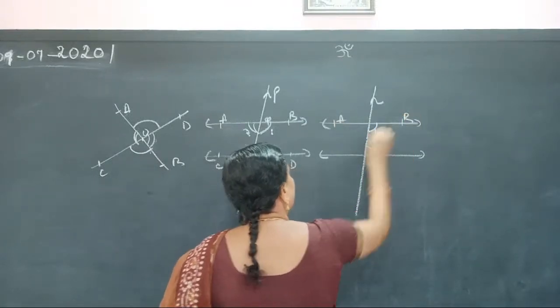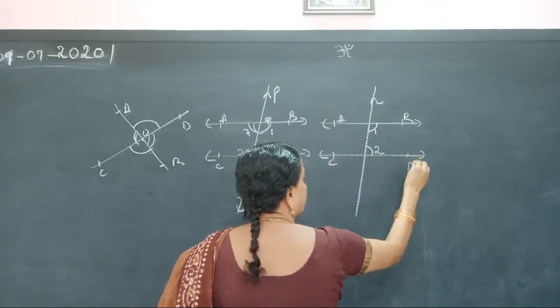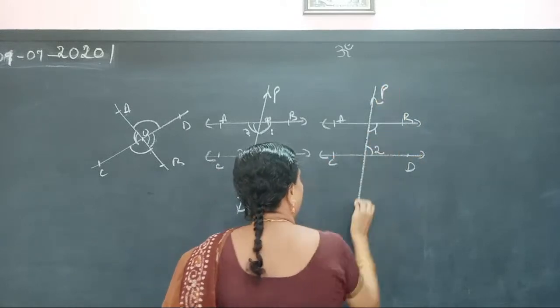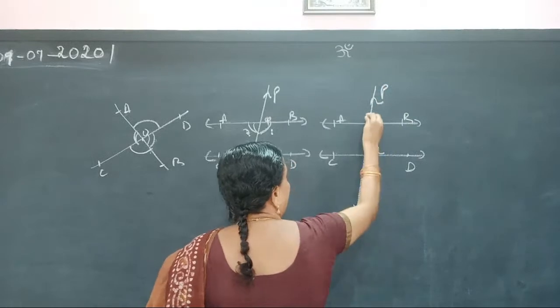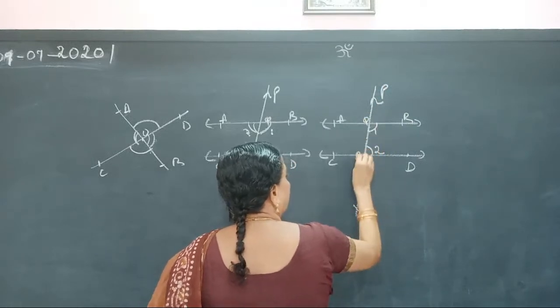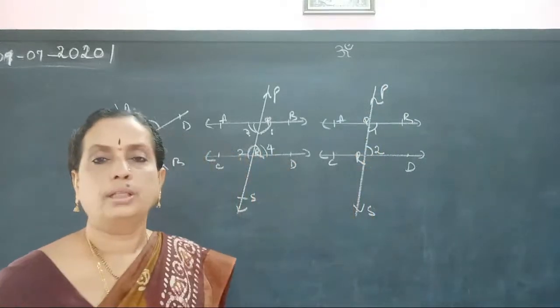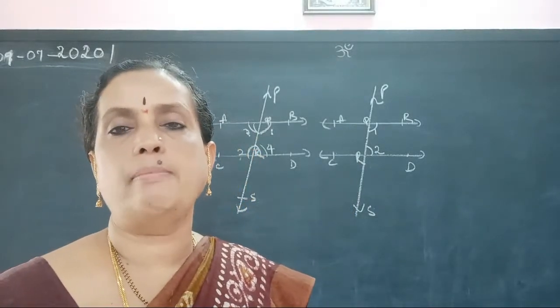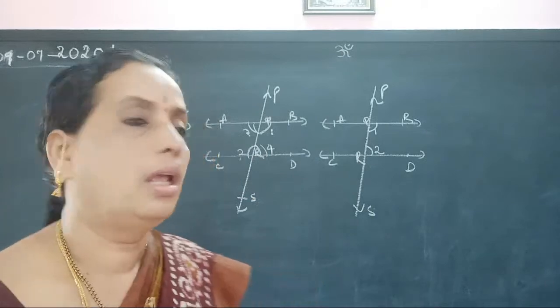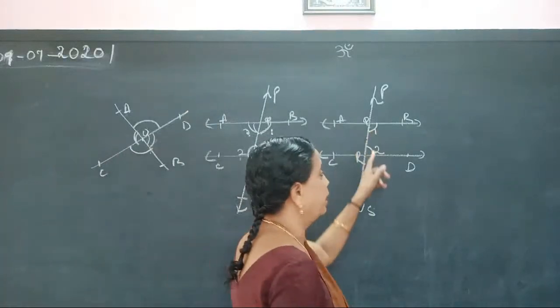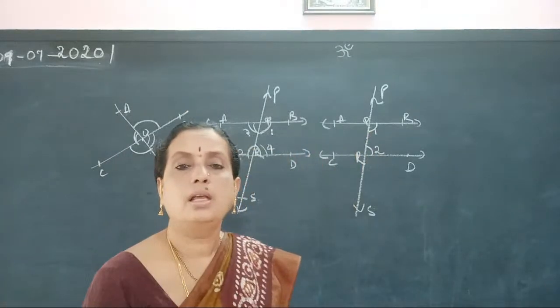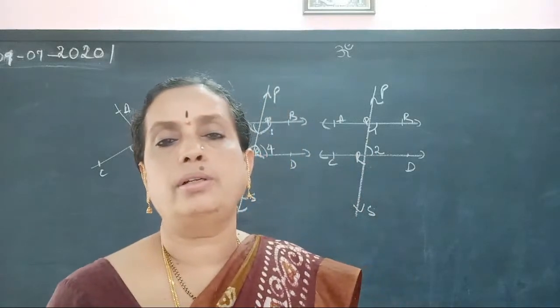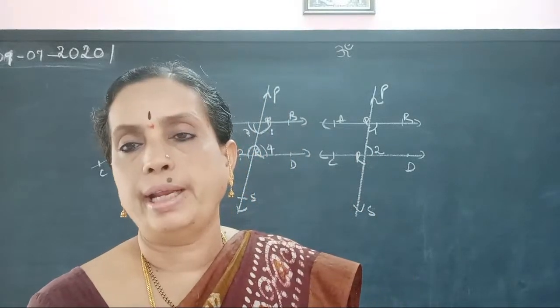AB and CD are two parallel lines intersected by a transversal PX at Q and R. We have to prove the sum of the co-interior angles on the same side of the transversal is supplementary. Supplementary means angle 1 plus angle 2 equals 180 degrees.